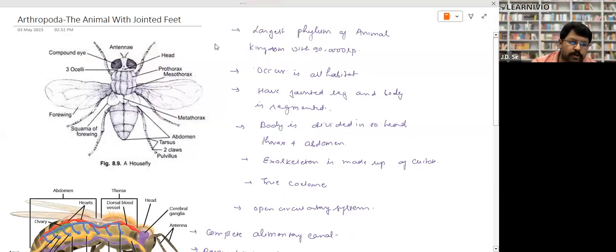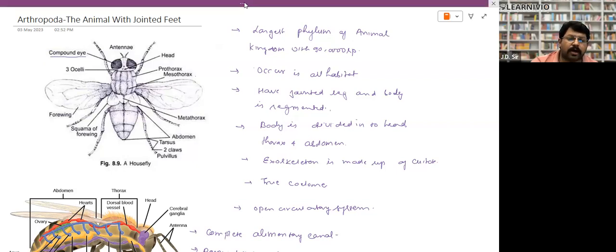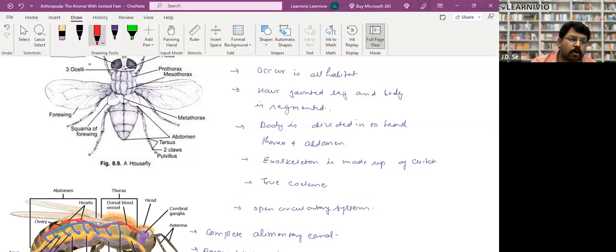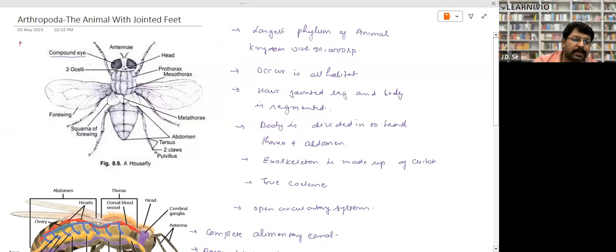In Arthropoda, you can see there is a head, right? They have compound eyes. So what are compound eyes, Martin? Compound eyes are also known as multifaceted eyes. What do we call them? Multifaceted eye. So what is a multifacet or compound eye?